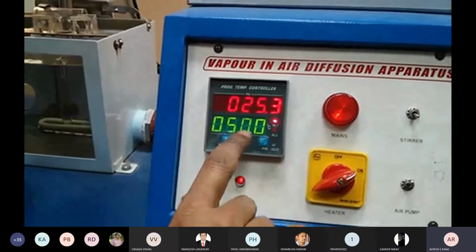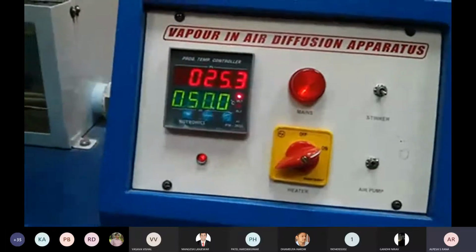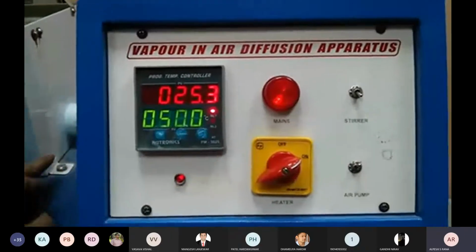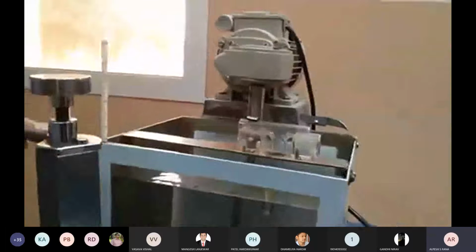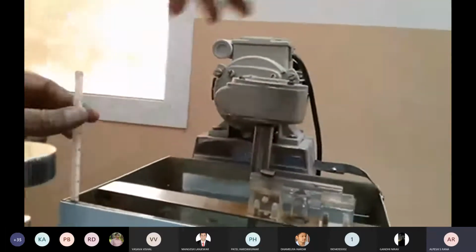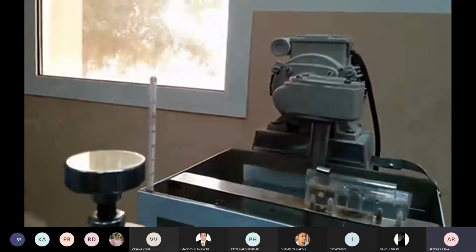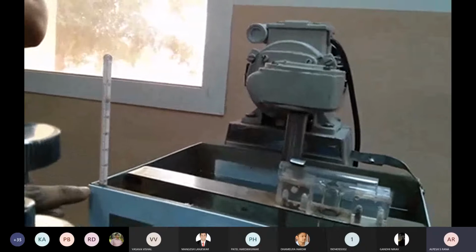Once it is fixed to that value, you can switch on the heater. Once the heater is on, the temperature of the bath will increase. There is a thermometer inserted in the water tub, so just note down the temperature.